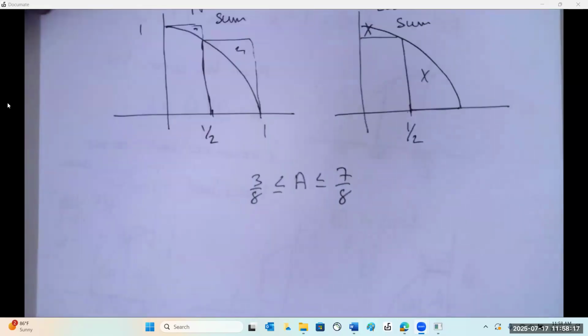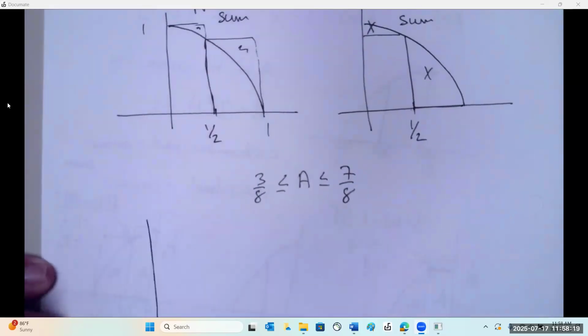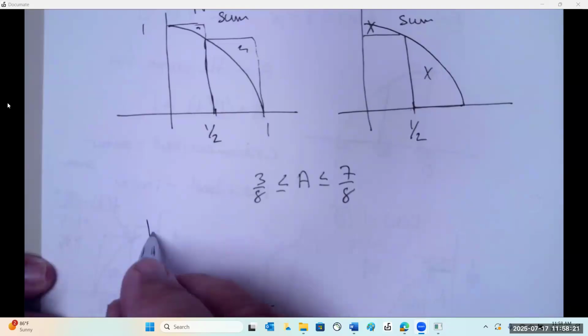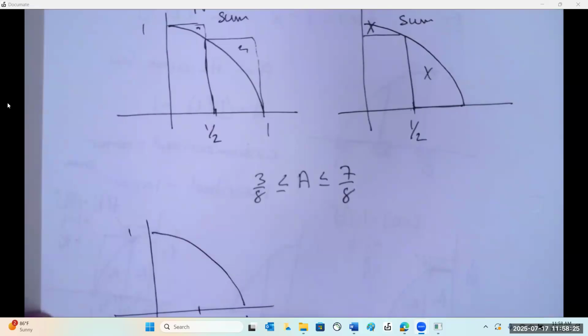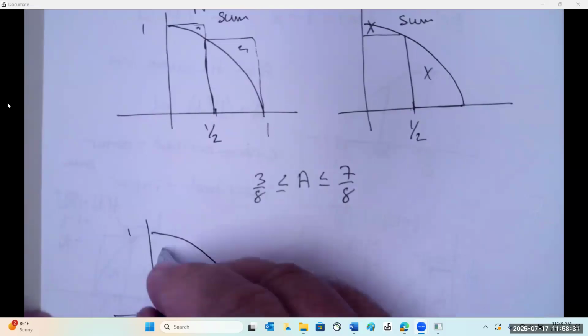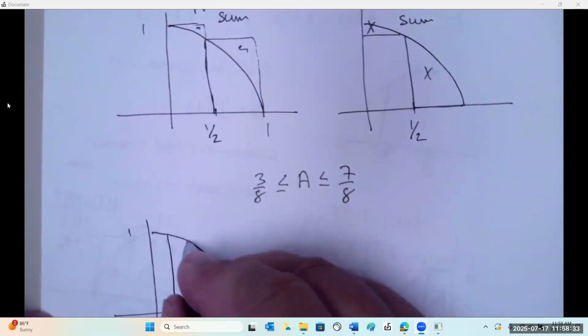So for the lower sum, instead of just 1/2, let's cut it into 4 spaces.